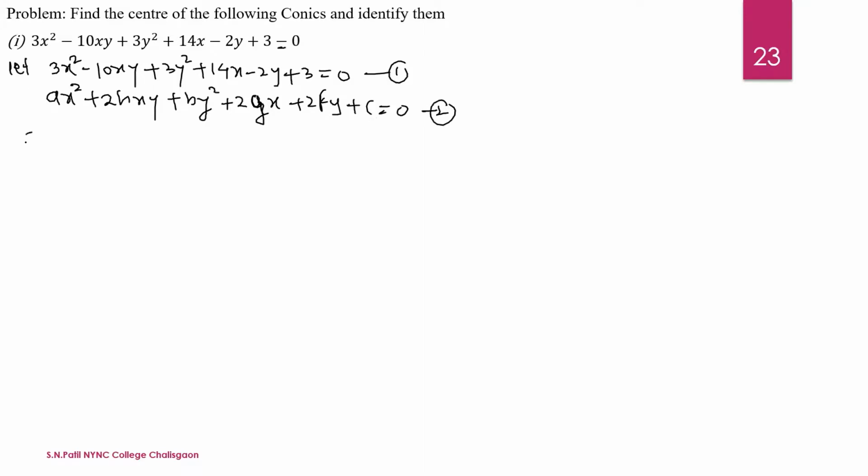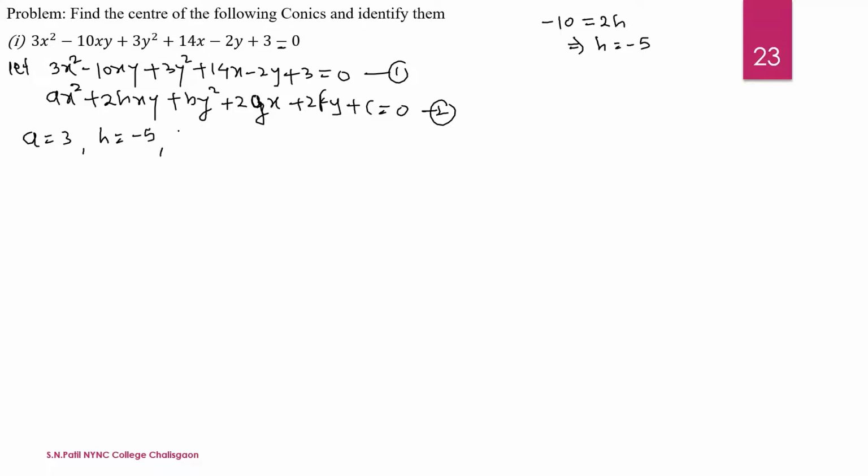Then we identify the value of a is 3, that is the coefficient of x square. The coefficient of xy in equation number 1 is minus 10, and in equation number 2 it is 2h. So dividing by 2, we get h is equal to minus 5.